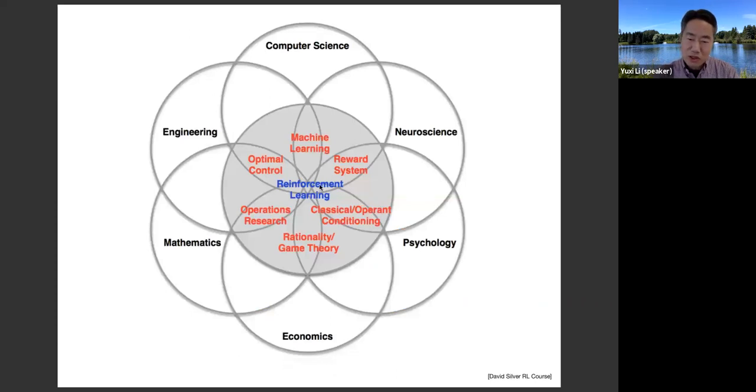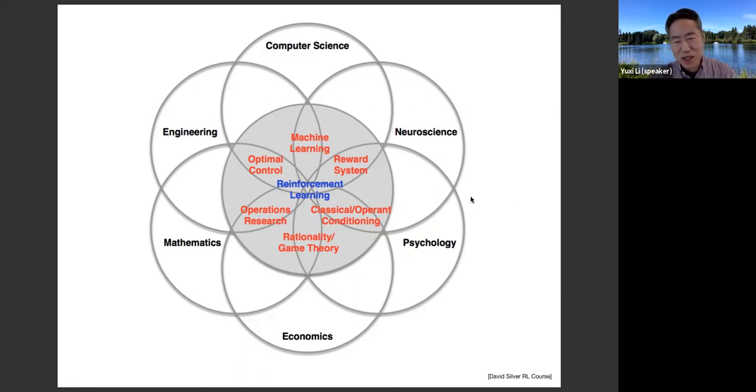Reinforcement learning is related to many fields. Just like we mentioned, it is related to conditioning and the reward system. It is also related to optimal control, operations research, machine learning, and of course computer science, engineering, mathematics, economics, psychology, neuroscience. So it is related to so many fields.